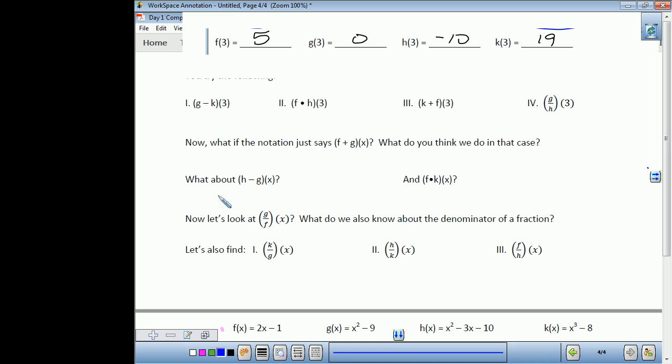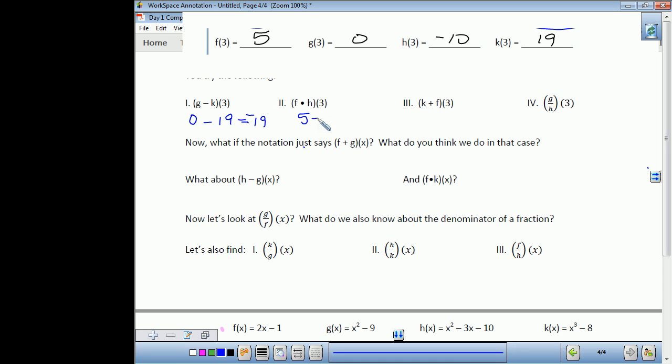H of 3 is negative 10. G of 3 is 0. Did you get negative 10? Oh, I thought you were talking about 1, 2, 3. Okay, my bad. G is 0. K is 19. Did you get 19? Good. Alright, F of 3 is 5.